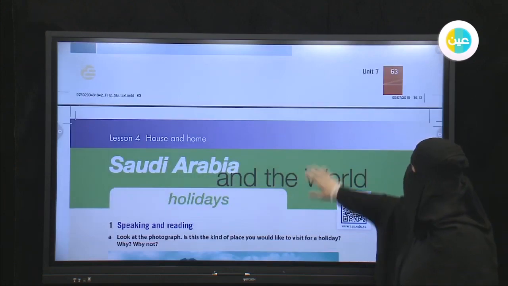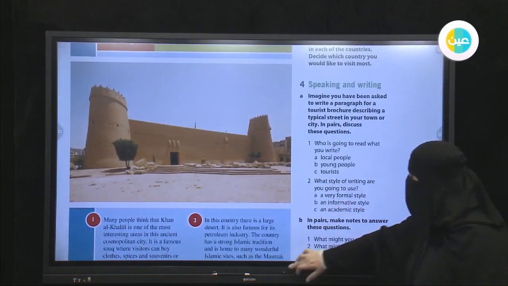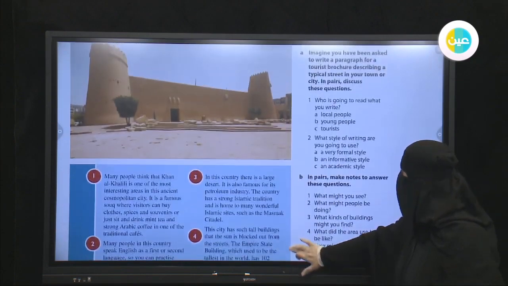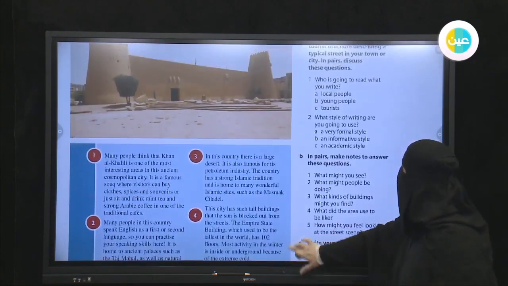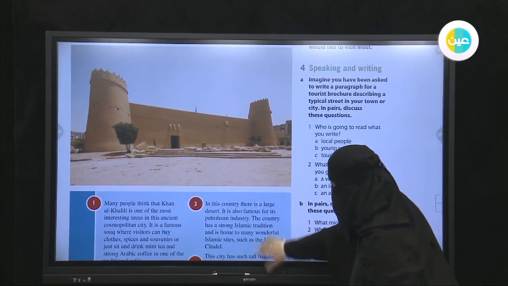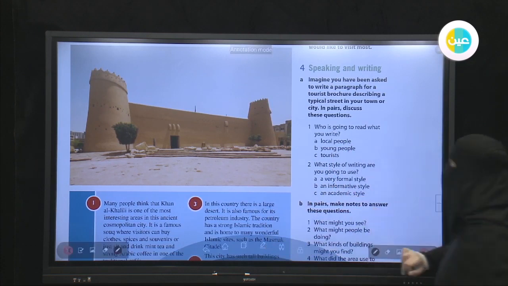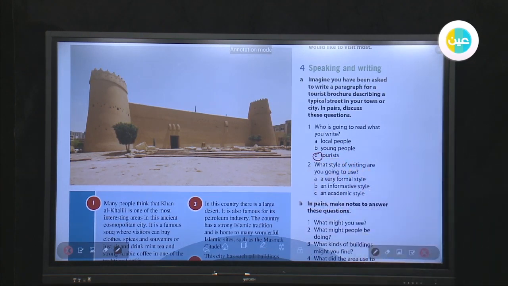Who will read the brochure? Local people of your city, or young people, or tourists. What do you think? Tourists will read these brochures.